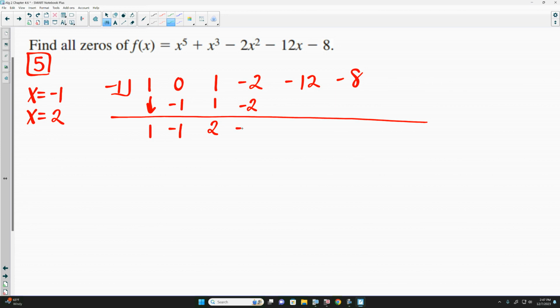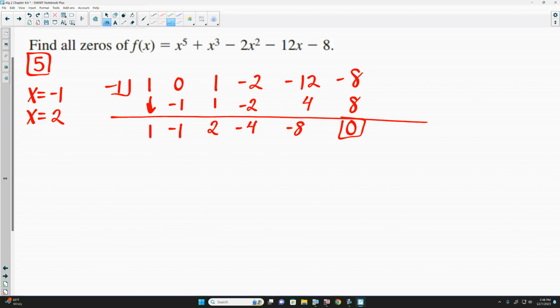Negative 2 plus negative 2 is negative 4. Negative 1 times negative 4 is positive 4. Negative 12 plus positive 4 is negative 8, because negative 12 plus 4 is indeed negative 8. And negative 1 times negative 8 is positive 8. Questions on this here?